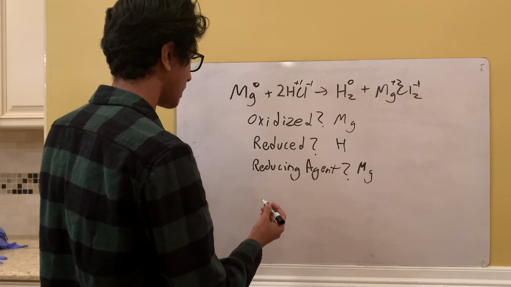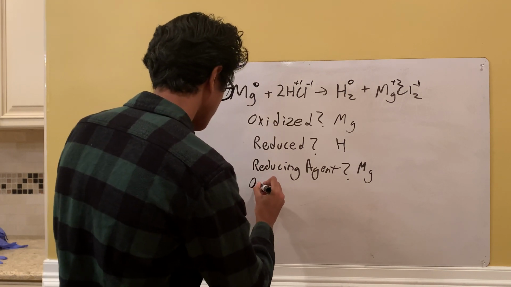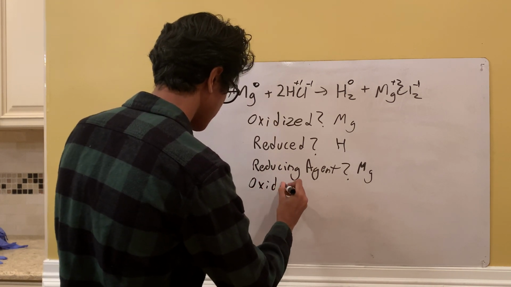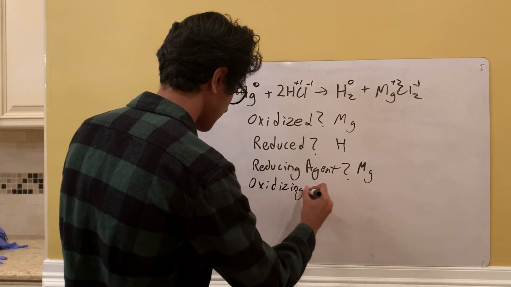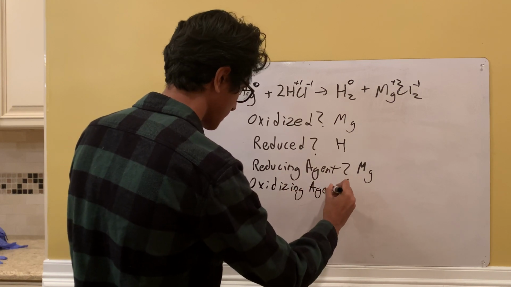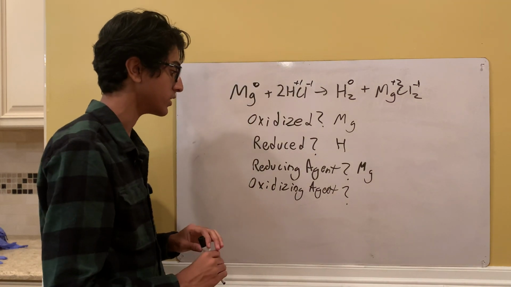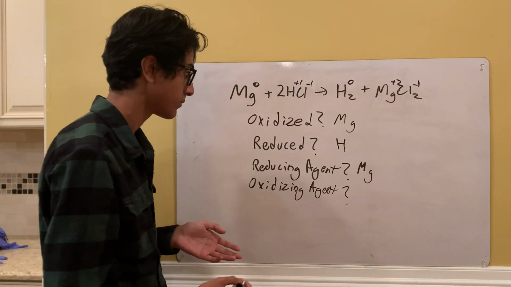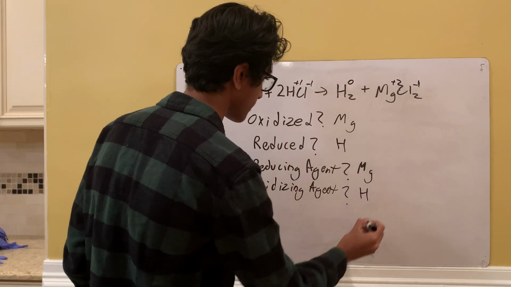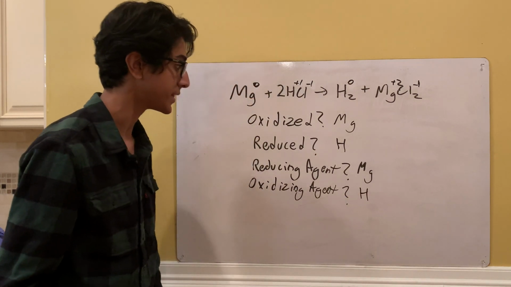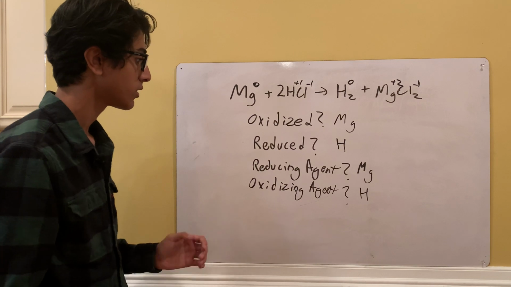So what's the oxidizing agent? The oxidizing agent is whatever is being reduced. So that's H. And you can think about it the same way.